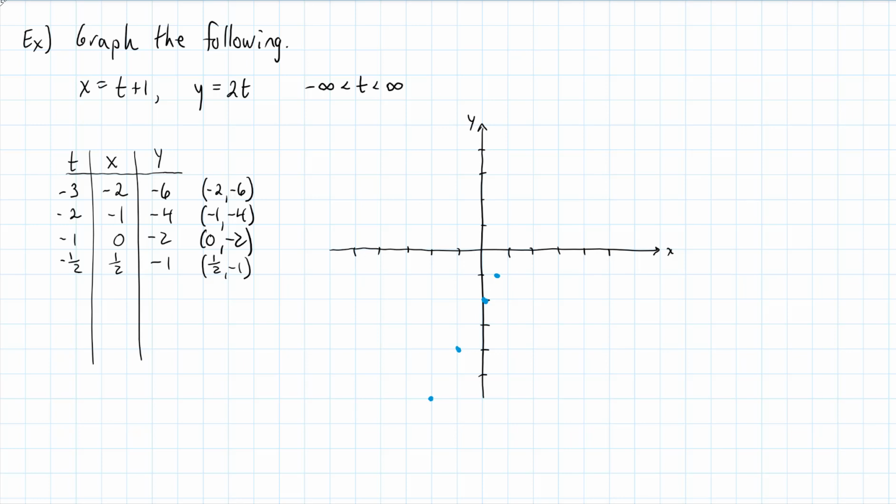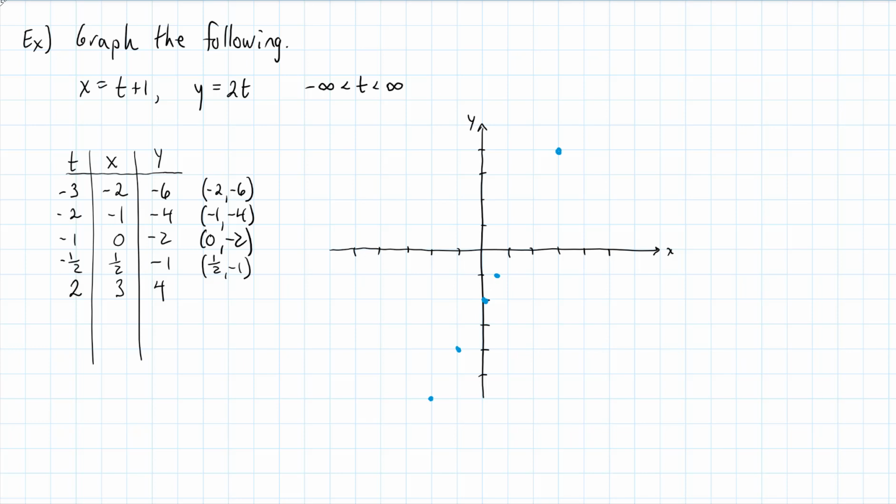But eventually, the idea here, just like it was back in Algebra 1, was that we're looking for a pattern. And I notice these 4 points I plotted all appear to be linear. So let's pick one more. What if I pick 2 for the parameter? Then I'd get 3, 4. And sure enough, that does appear to be a linear relationship.